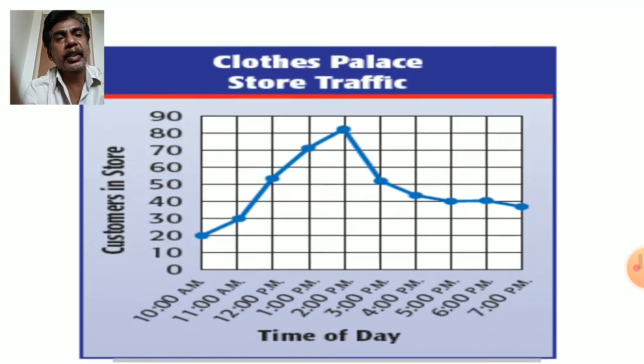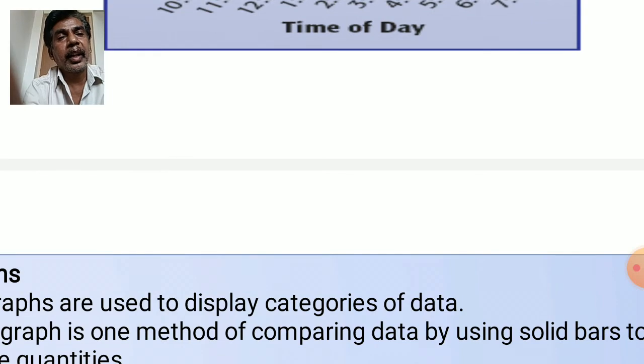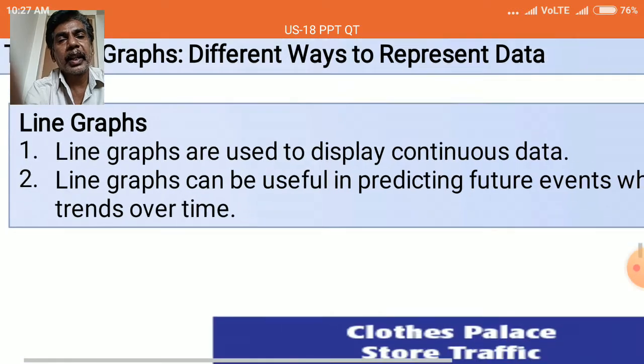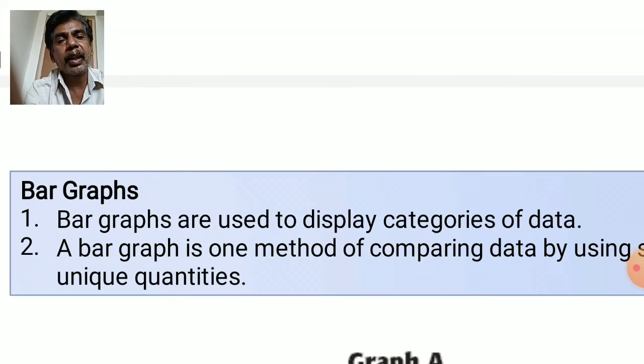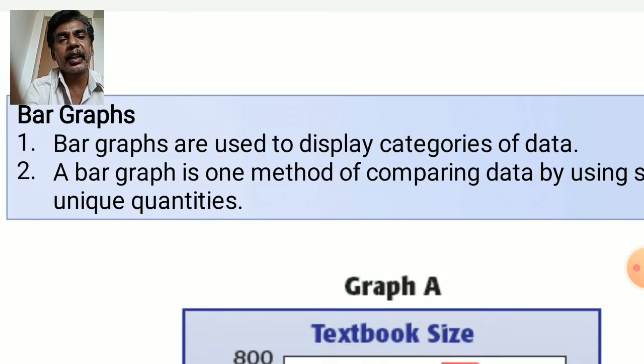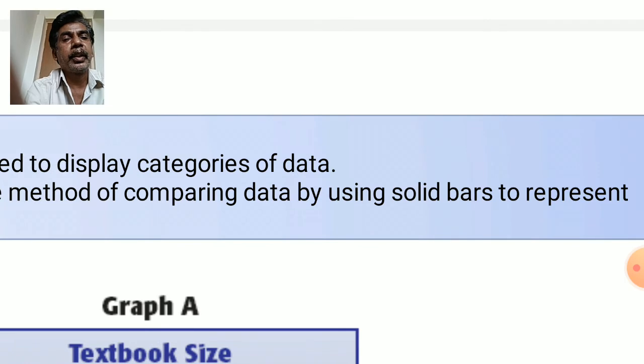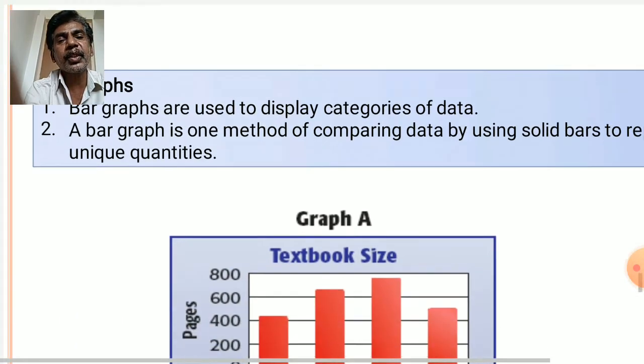So this is one type of graph known as line graphs, and another is bar graphs. Bar graphs are used to display categories of data, and a bar graph is one method of comparing data by using solid bars to represent unique quantities.